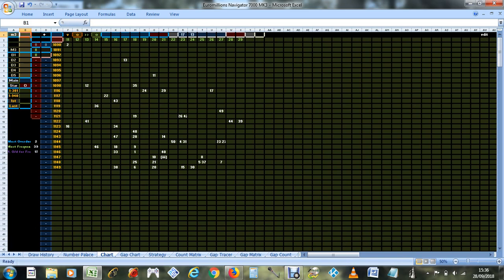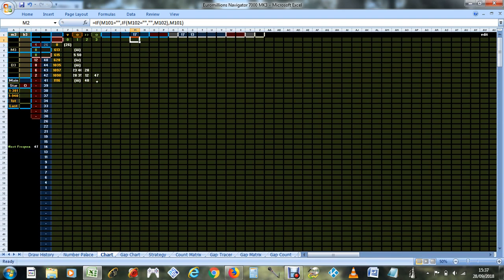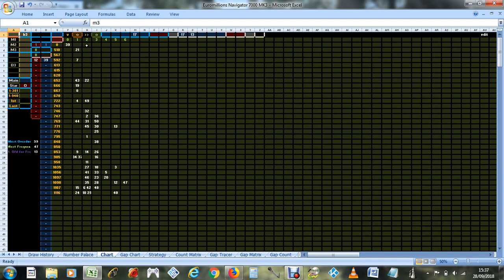So there we go, we've got machine three, set of balls three. Look at 17 and you get this very small chart. But when we look at set of balls three, you can see 13 is beyond the edge of the chart, which means it's due to occur.